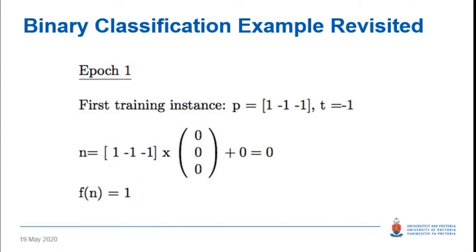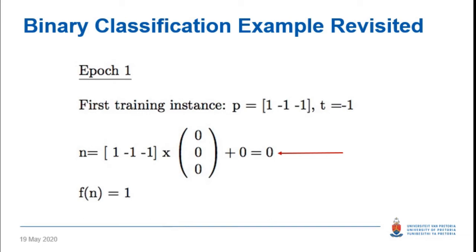So if you look at this example, you can see the weights are initialized to 0 and the bias is initialized to 0. When we're calculating n, we've taken the first training instance, which represents your orange, and the input vector is 1, -1, and -1, which is P1, P2, and P3. We perform multiplication with the weight vector.